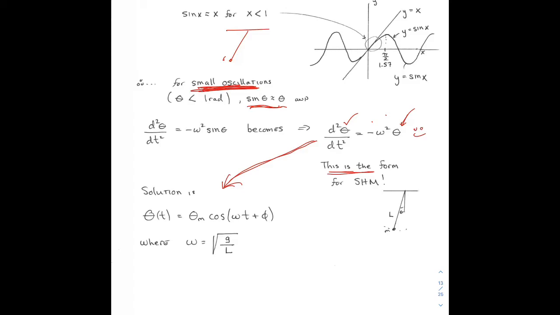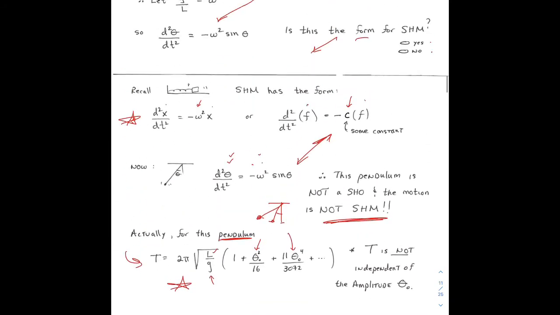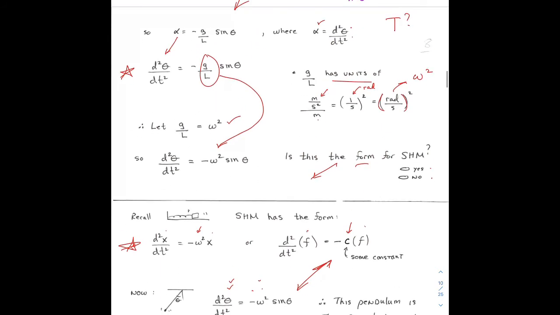Now, we have to go way back. We had this business here. So omega squared was g over L. We called this thing omega squared. Why was that? Because it has the same units as omega squared.